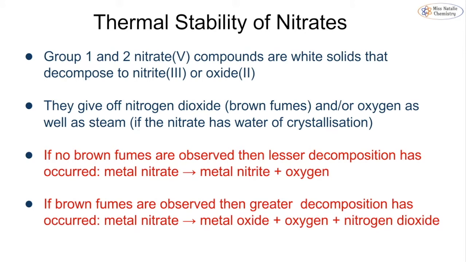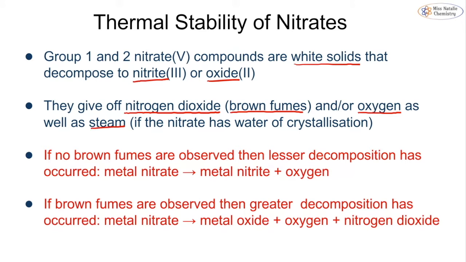Now, if we look at the thermostability of the nitrates, our group 1 and group 2 nitrate compounds are white solids, and they're going to decompose to a nitrite or an oxide ion. And they're going to either give off nitrogen dioxide, which we see as brown fumes, and/or oxygen.